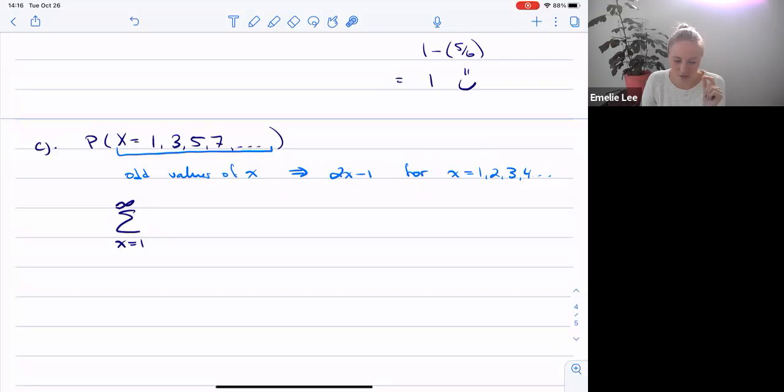Plug in 3, 2 times 3, 6 minus 1 is 5. Okay, good. Let's do the 4, and then we can assume that it behaves correctly all the way through. In general, if you want odd values, you're going to use 2x minus 1.